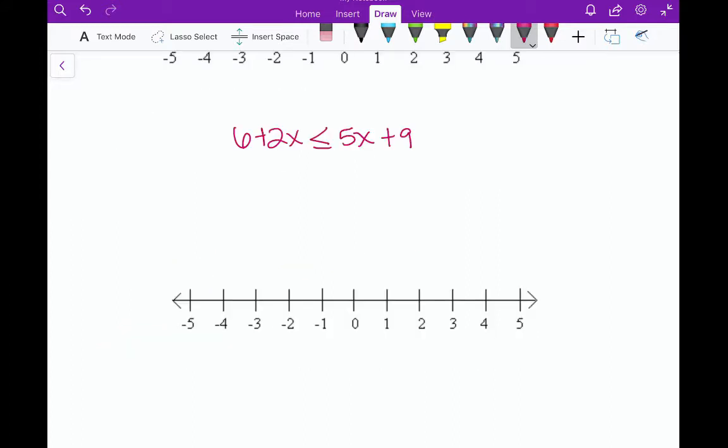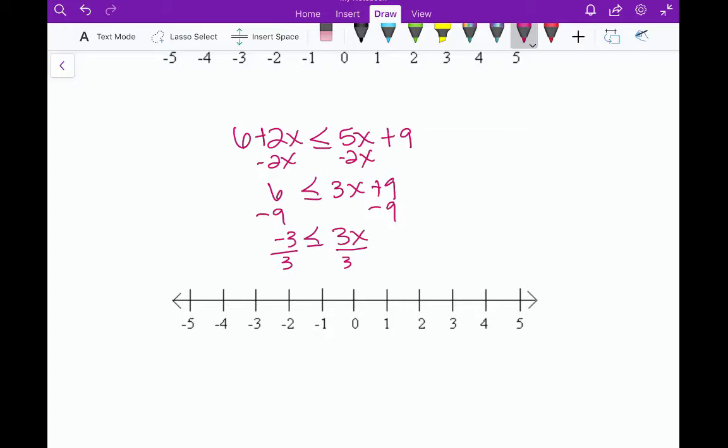All right, we're going to solve 6 plus 2x is less than or equal to 5x plus 9. So the first thing I'm going to do is subtract the 2x over. So 6 is less than or equal to 3x plus 9. And then I'm going to subtract the 9 over. 6 minus 9 is negative 3 is less than or equal to 3x. Solving for x, I'm going to divide by 3 on both sides.